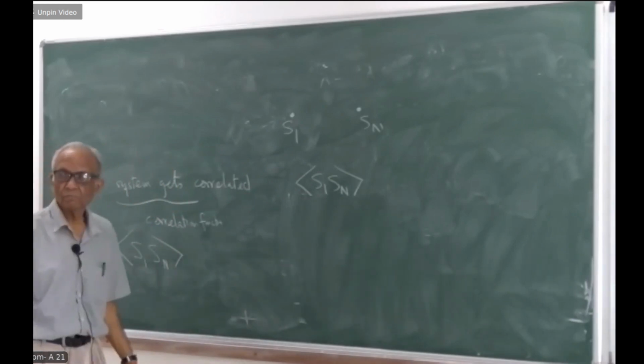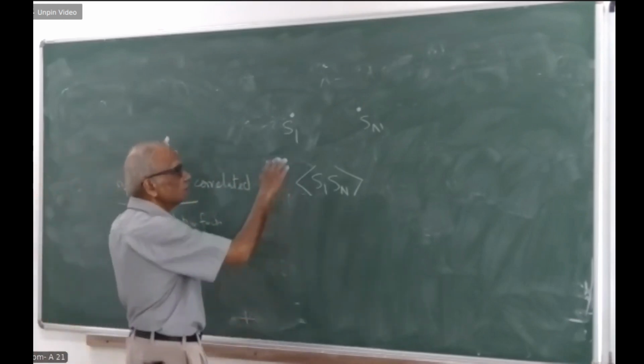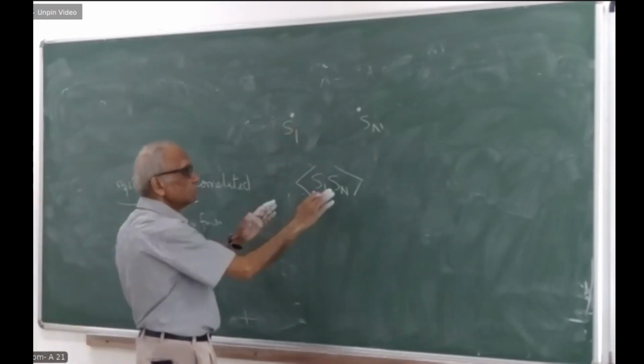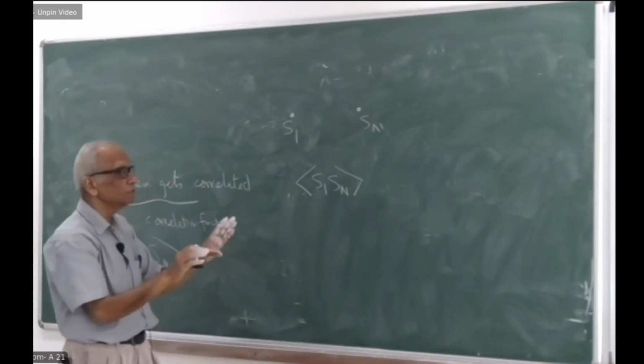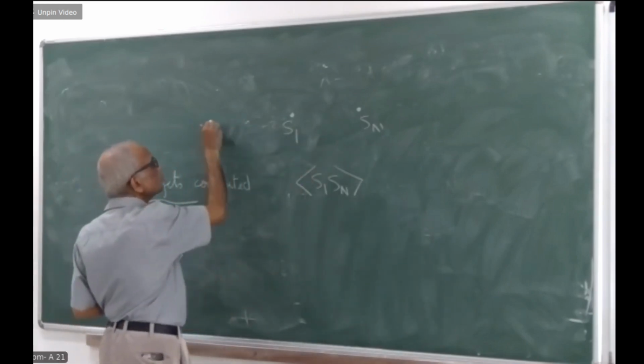No, it's nearest neighbor. It's not the total. I'm just calculating. There are an infinite number of spins. This n is not the total number of spins. It is just the nth spin. But there are spins over here.